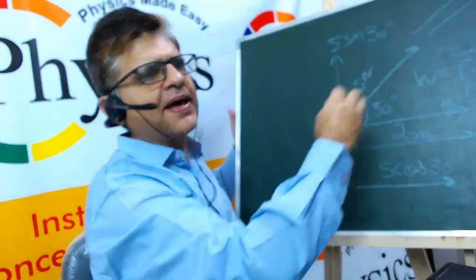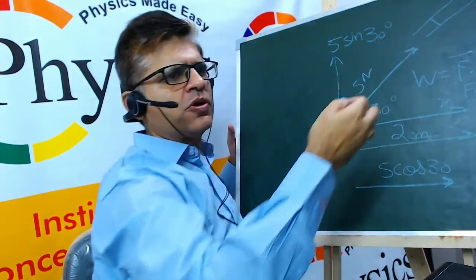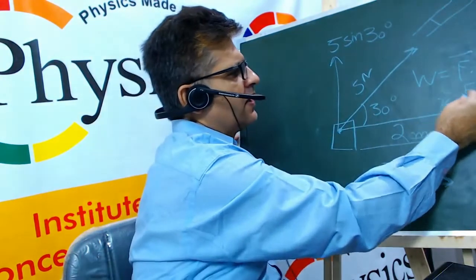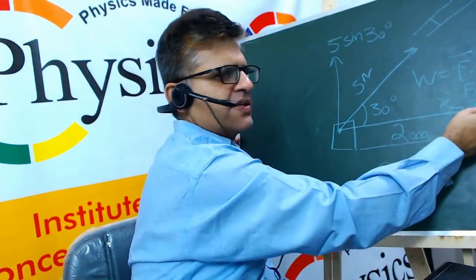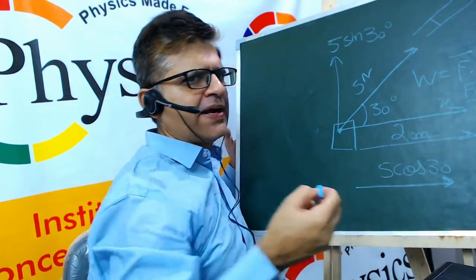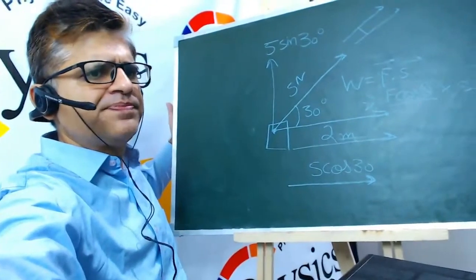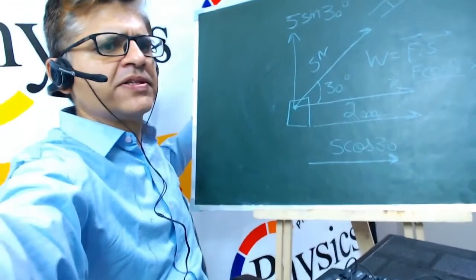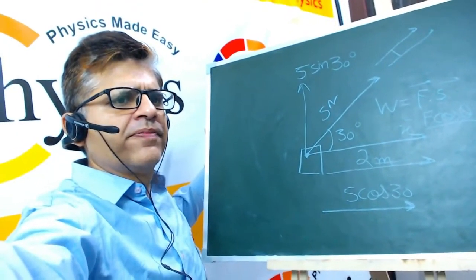You could apply it because these are parallel to each other. But conventionally, the typical definition is the force which is getting applied here. Just have a look at this clearly.